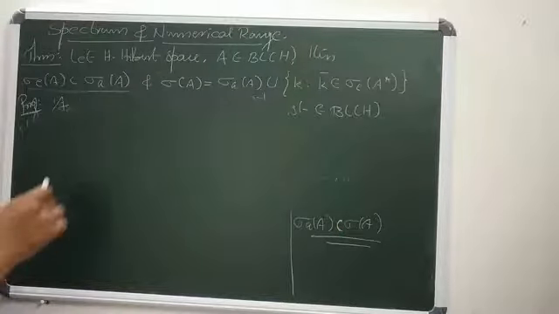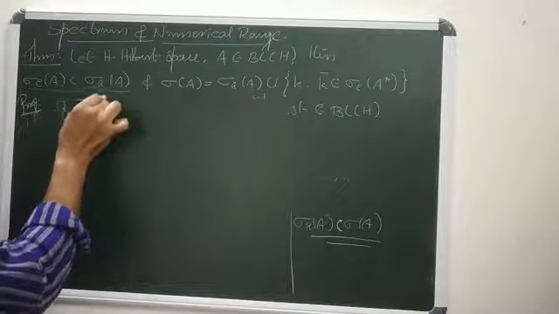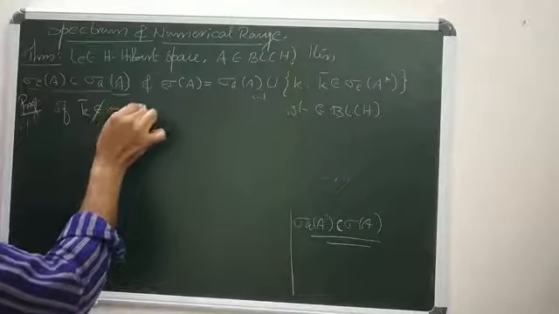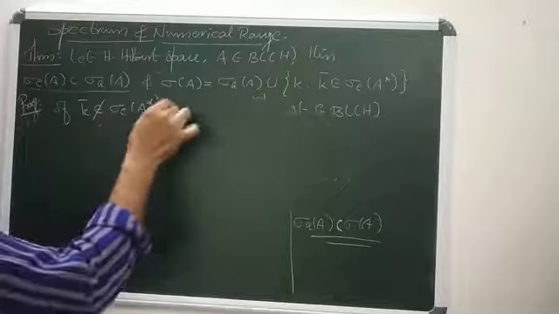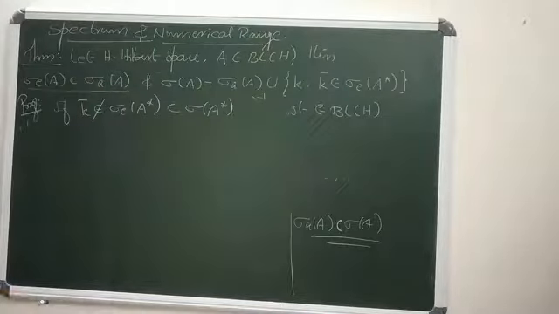Now again, consider k bar outside of sigma E of A star. But we know that sigma E of A star is a part of sigma A star. That we already proved: sigma E of A is a part of sigma A. If you replace A by A star, sigma E of A star is a part of sigma A star.